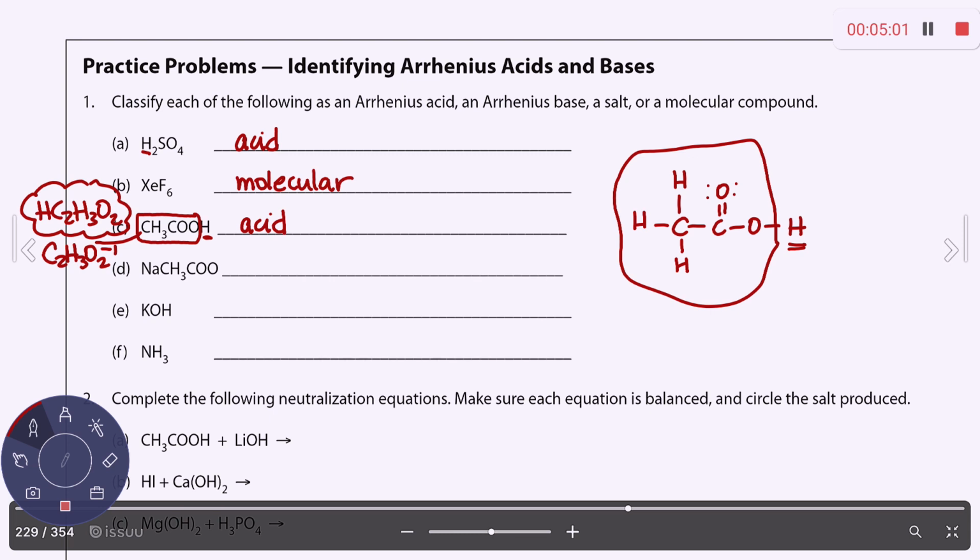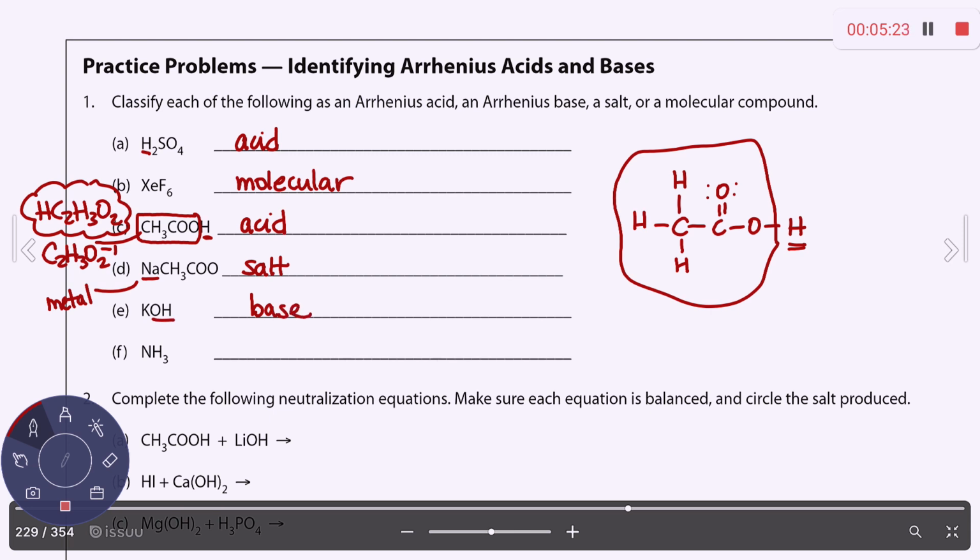Okay, how about D? Yeah, this is a salt, which is an ionic compound because ionic compounds contain a metal or the ammonium ion, and sodium is a metal. How about E? Base, because it contains a hydroxide.